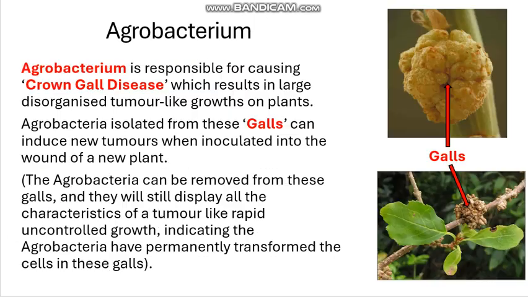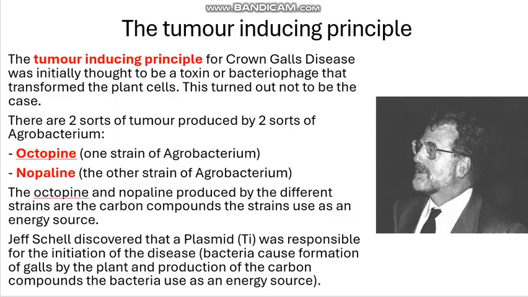The second type of agrobacterium also produces these tumor balls, the galls on the plants, but it produces a different sugar, nopaline. The octopine and nopaline produced by the different strains are the carbon compounds the strains use as an energy source.